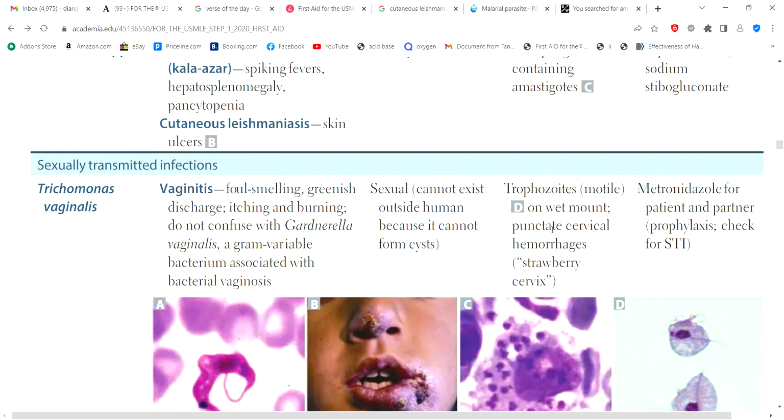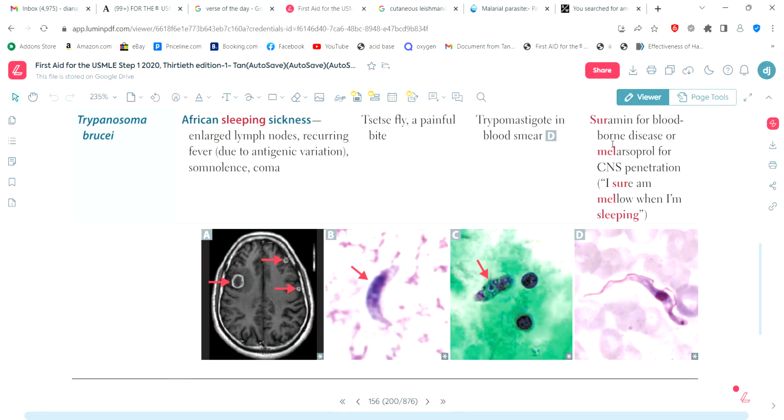And with Trichomonas vaginalis, you see green discharge. Gardnerella vaginalis, we're just going to quickly go into that.